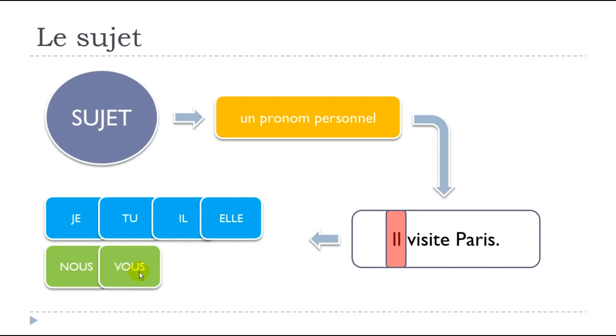If you meet someone for the first time, it would be nice to use vous instead of tu. Ils, they, the masculine in that case, and then elles, they, the feminine. So in French we make the difference between the masculine and the feminine form when we use les pronoms personnels in the plural. Okay, so je, tu, il, elle, nous, vous, ils, elles. All right?